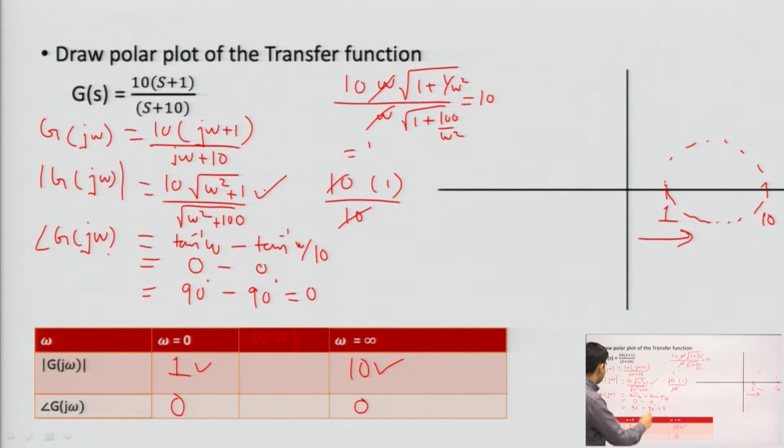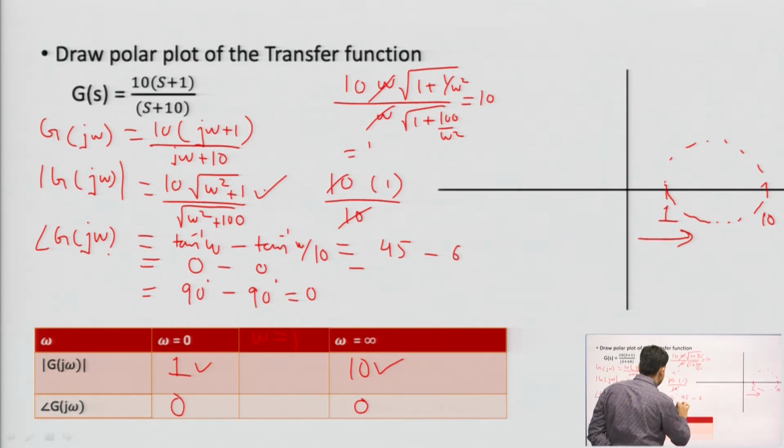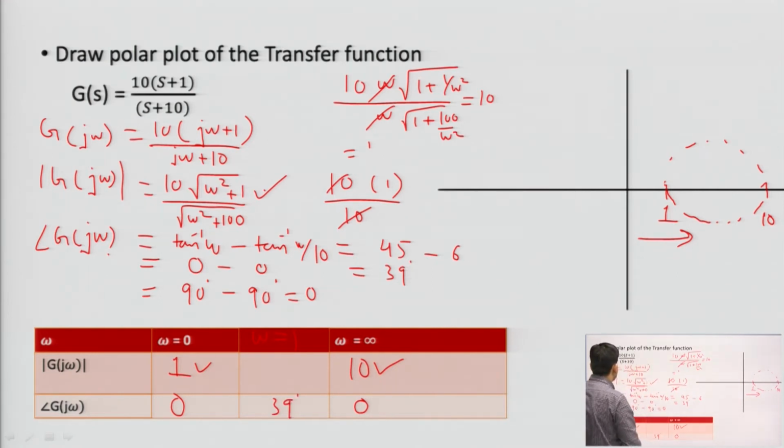Okay. So, what is the value of phase at omega equal to 1? You can say tan inverse 1 is 45 and tan inverse 1 over 10 may be around minus 6, and this will be around 39 degrees. What about the magnitude? If you put omega equal to 1, this will become root 2, and if you put omega 1, this is under root of 101.